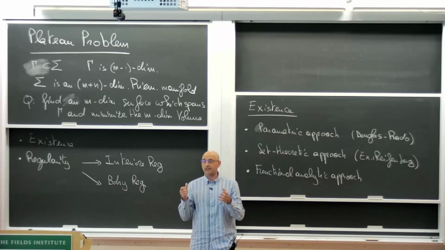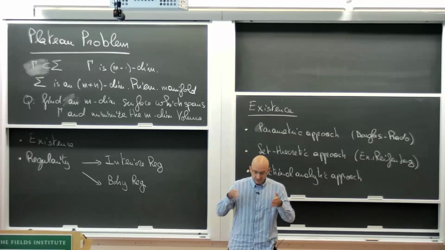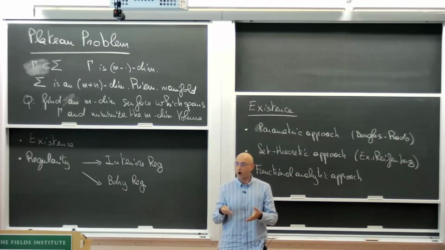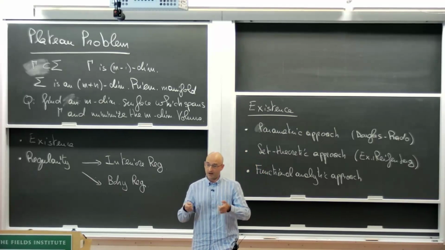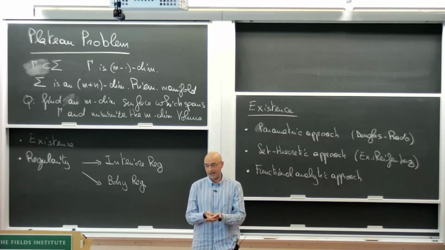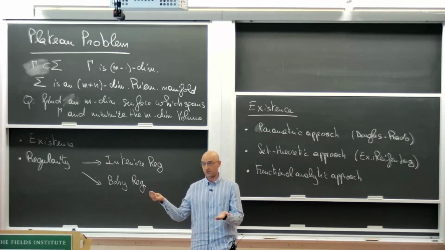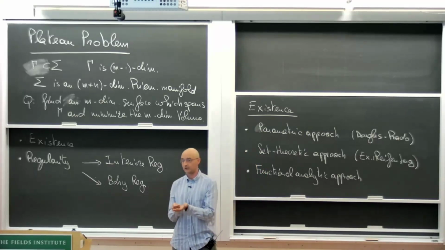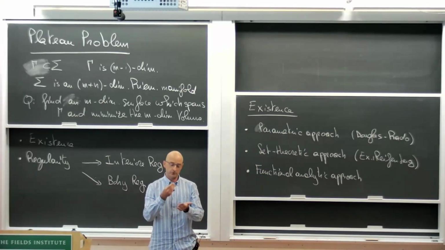You would like to have a theory which minimizes in this ambient space, but this class is not compact, so you compactify in a certain way, and you hope that after the compactification your area functional, which is well defined on these objects, extends to something lower semi-continuous. You take the lower semi-continuous envelope. And if you have compactness properties, you apply the direct methods of the calculus of variations to find the minimum.